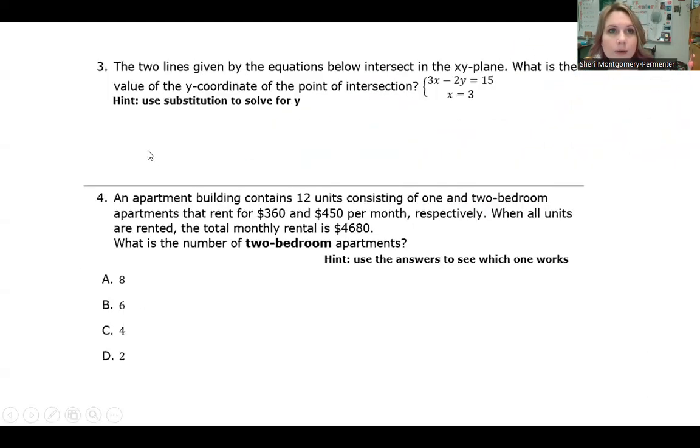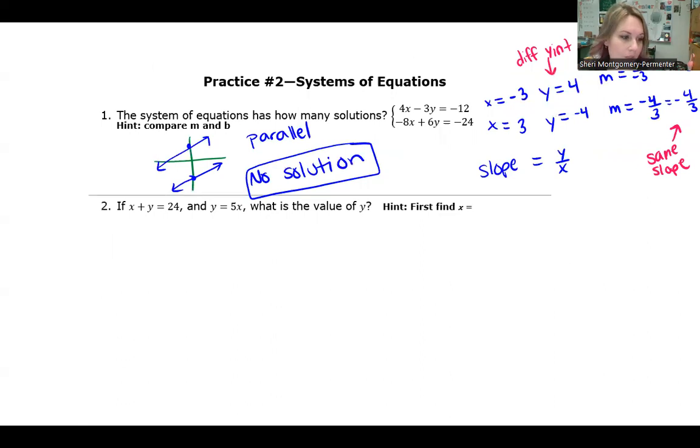All right, we're going to back up and go back to question number 2. Question number 2 says, if x plus y is equal to 24 and y is equal to 5x, what is the value of y?